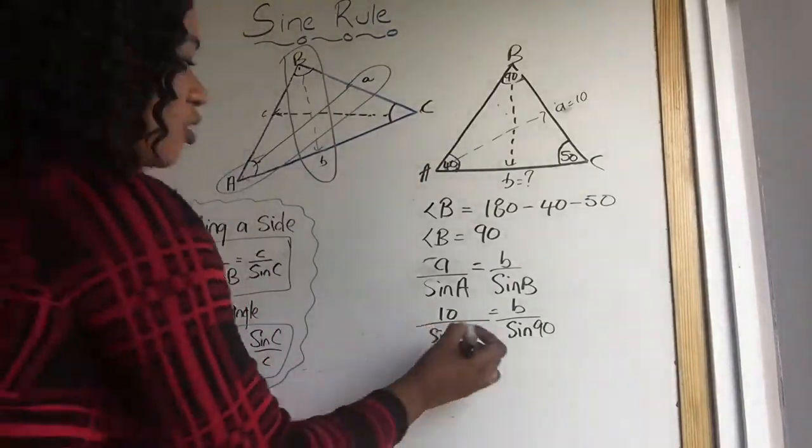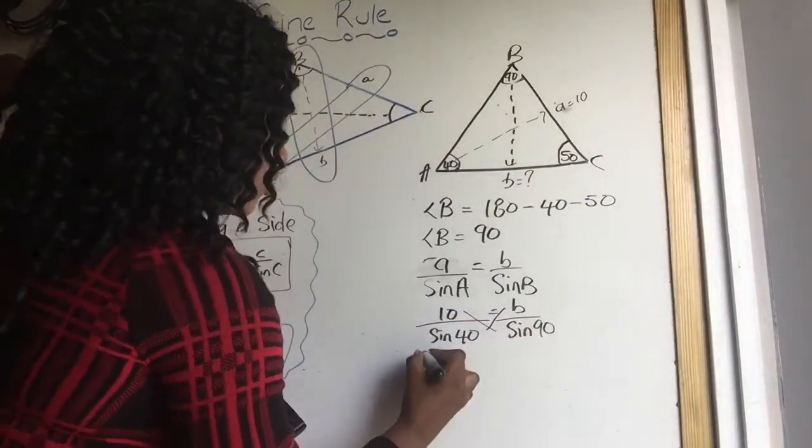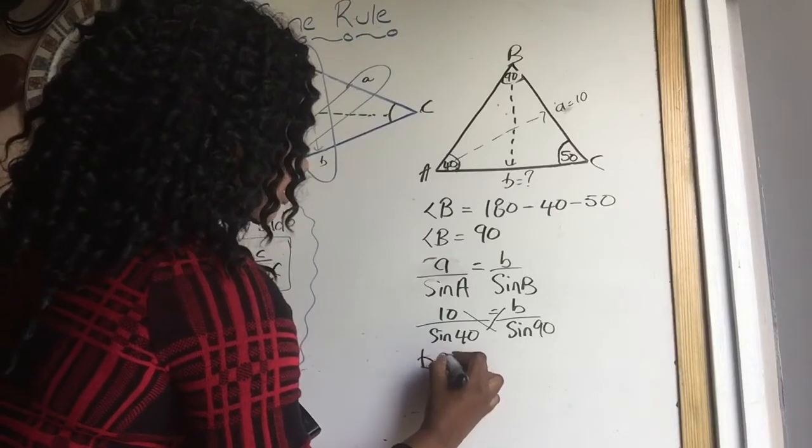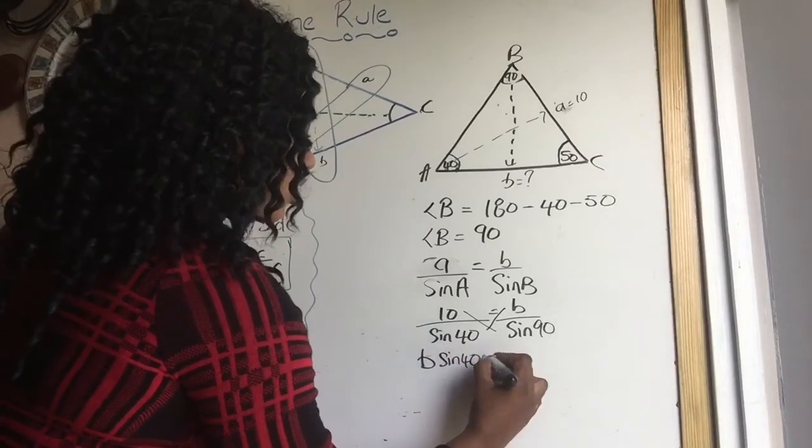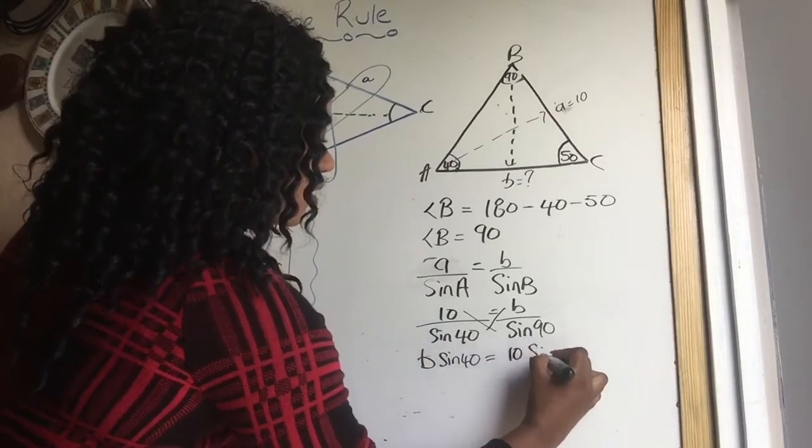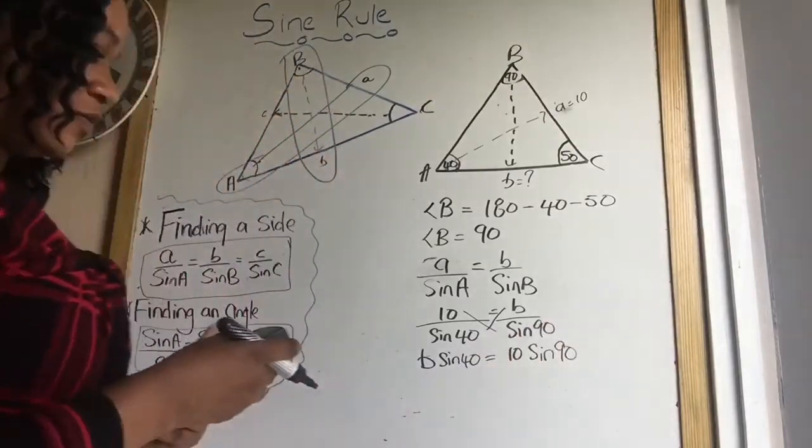Cool? Cross multiply again. So we end up with b sine 40 is equal to 10 sine 90.